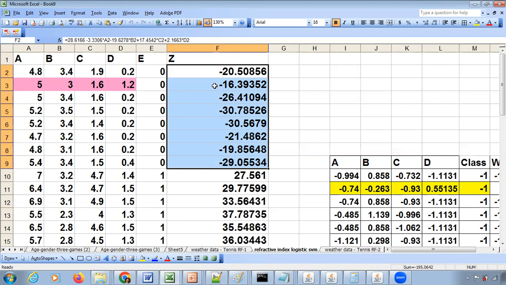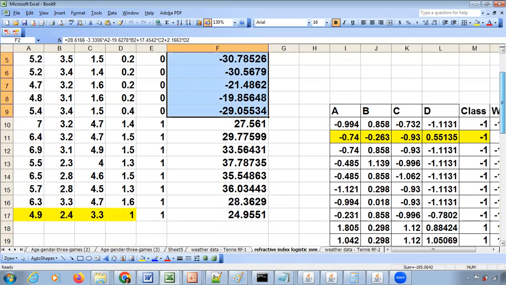Among all these negative numbers, negative 16.39352 is the largest. Even though 16 point something is smaller compared to 20 point something, 26 point something, and 30 point something, when you consider the sign, negative 16.39352 is actually the largest of all these numbers. So the larger theta x value indicates this data point is closer to the decision boundary among the negative class 0 data points.